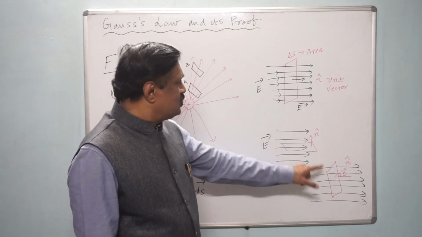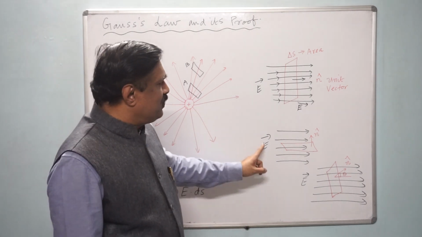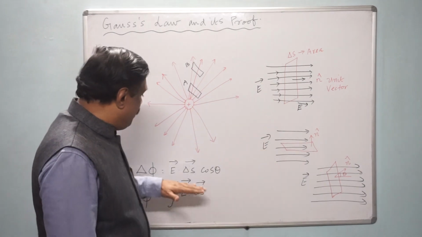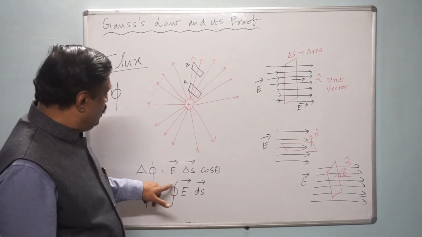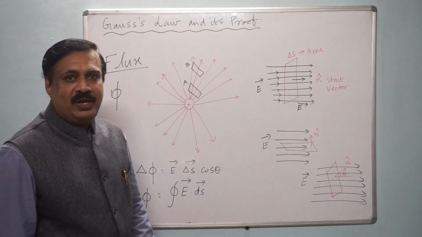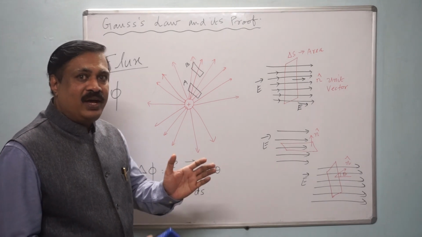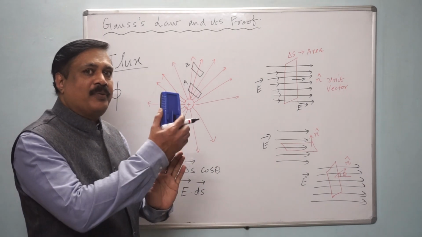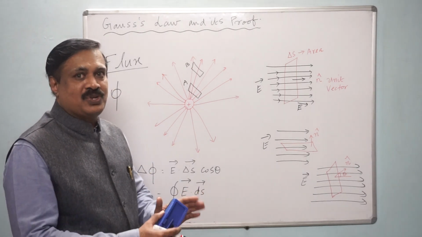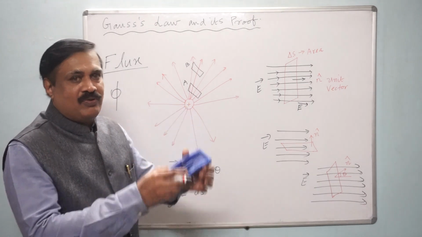That means the electric field and this area can be related by this formula: E dot del S cos theta. Depending upon cos theta, we can find out how our specimen element is placed, whether in this direction or in a particular direction.